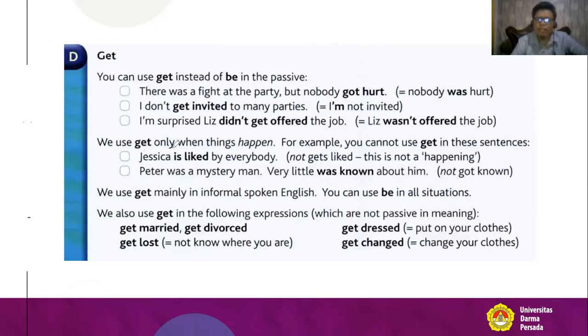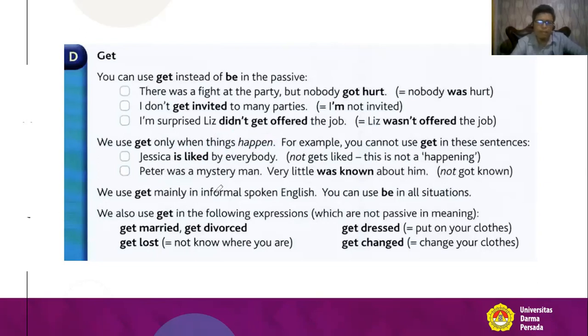We use get only when things happen. For example, got hurt, get invited, get over. That is something that happened. But when we say Jessica is liked by everybody, it doesn't mean that Jessica got liked, because that is not a happening. That is not something that happens to Jessica.